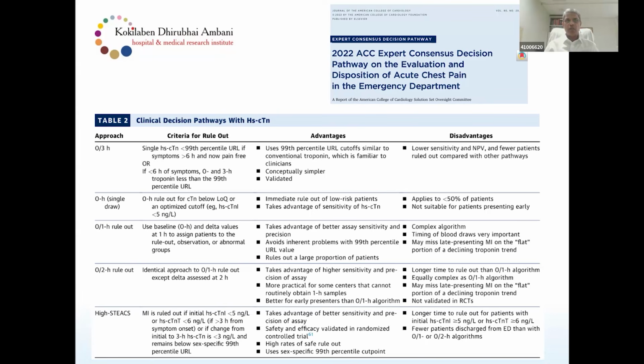Now there are more high sensitivity troponins, whether troponin I or troponin T, and the companies are recommending algorithms of 0 hours, 0 and 1 hour, 0 and 2 hours, and 0 and 3 hours. So most of the literature now is pointing towards 0 and 1, and 0 and 2 hours.